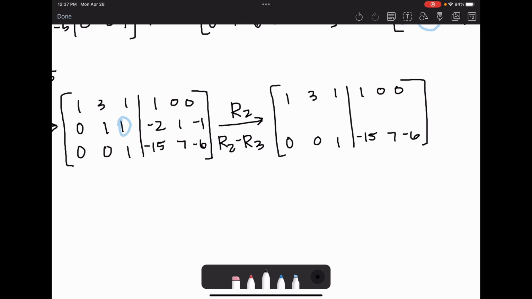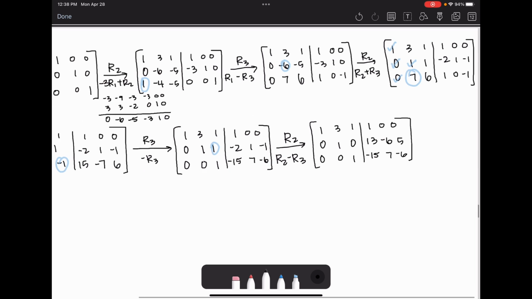So if we do row 2 minus row 3, that would be 0, 1, 0, which is what we want. And then -2 minus -15 is +13. 1 minus 7 is -6. Oops, I needed to erase that first. -6. And then -1 minus -6 is positive 5. Okay, we are so close.